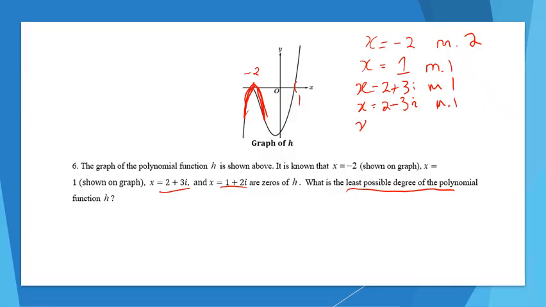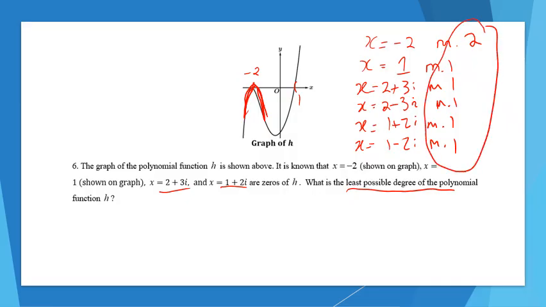And then we have x equals 1 plus 2i and x equals 1 minus 2i as our two other zeros of our function. And so now, these are all the zeros we can find, so we want to add these up to get our degree. So 2, 3, 4, 5, 6, 7. So 7 should be our degree here.